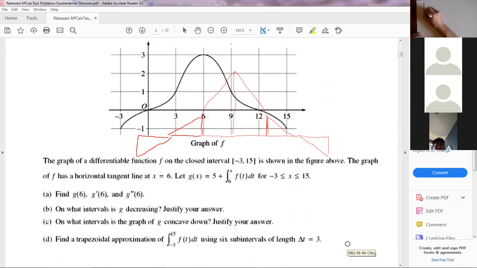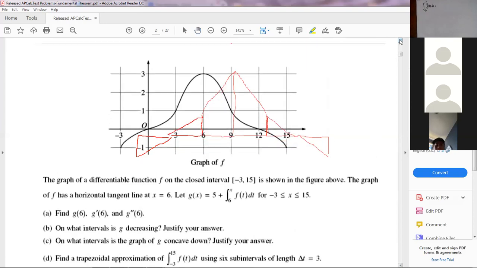The integral from -3 to 15 of f dt is going to be the sum of the trapezoids. Let me just move this a little bit. I don't know what I lost, but I lost the shapes. So let me just erase this part. Annotate, erase everything, clear all the drawings.